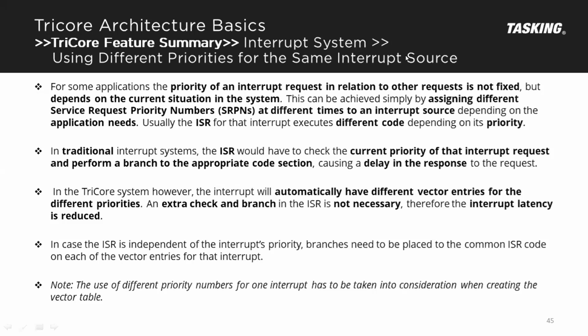And something like this is doable by controlling this service request priority number. So once you update this priority number, you have full flexibility of your interrupt priority compared to the rest of the priorities.